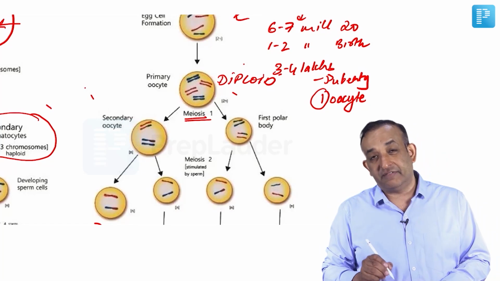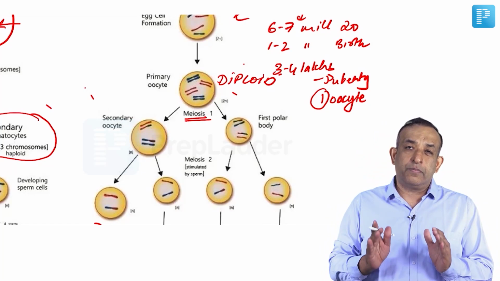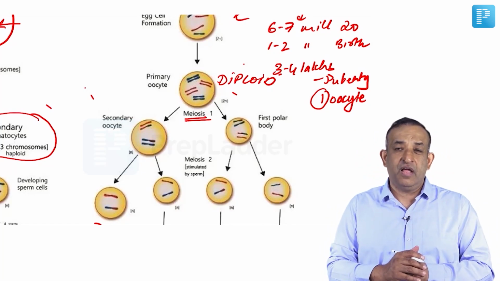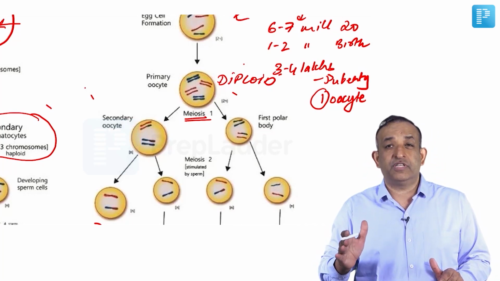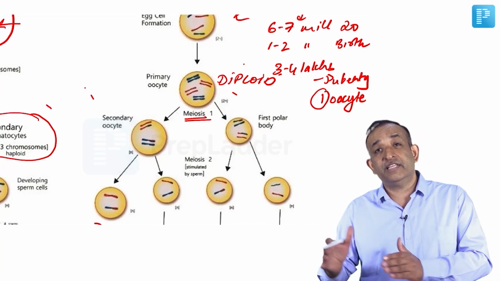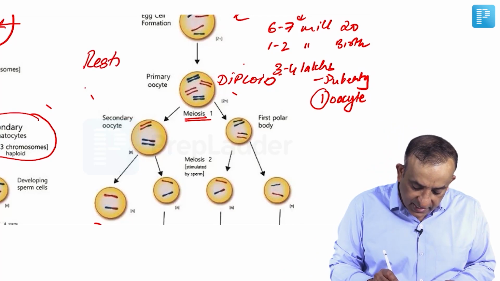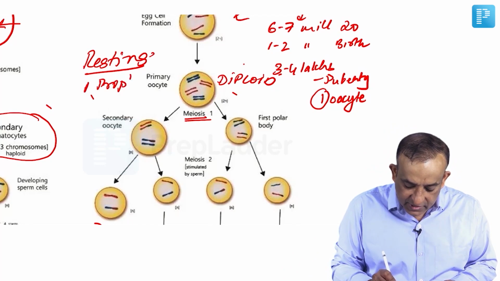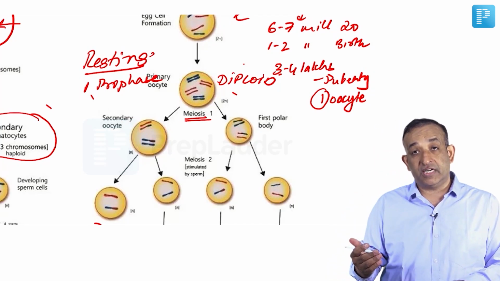The first meiotic division starts in the intrauterine life of the girl, and the primary oocyte will rest in this first meiotic division itself, and the process of oogenesis resumes when the girl matures. So, the oocyte is resting in the first meiotic division.